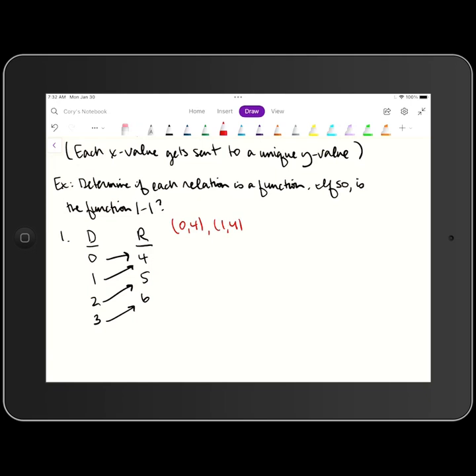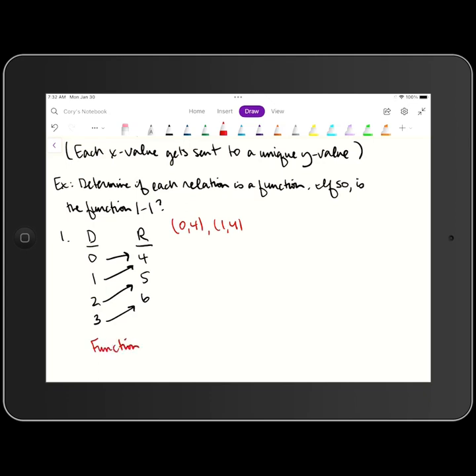Okay, so when we look here, to answer the first question, is this relation a function? The answer is yes, because each domain value only goes to one range value. We don't have a domain value that goes to two different range values, which would indicate that this is not a function. So this here is a function.